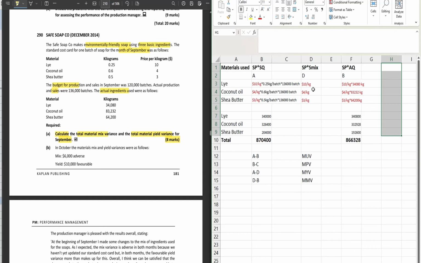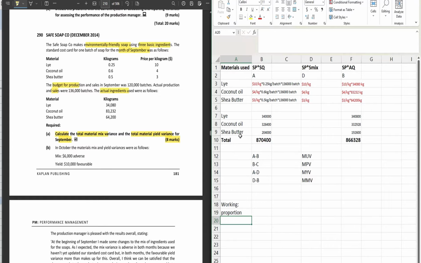For S mix, first of all we need to do small workings. Let me explain what kind of workings. So first working is to find the proportion. Proportion of what?